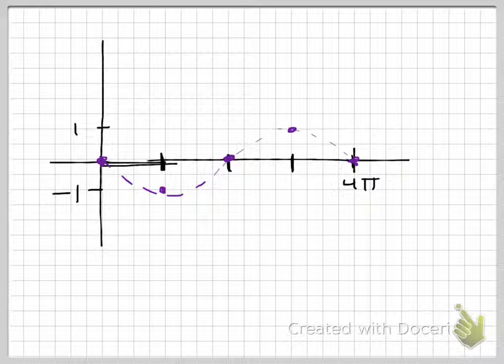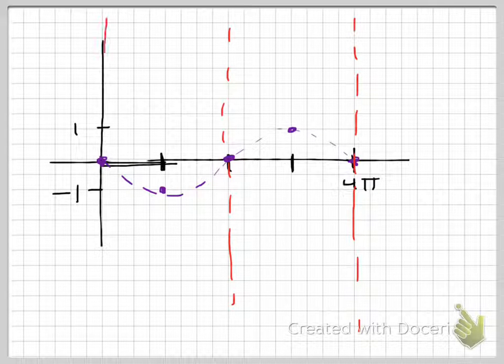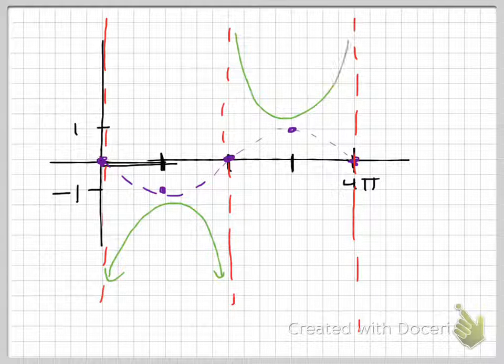And now we draw our asymptotes at our intercept. So we have an asymptote at pi, at 2 pi, and at 0. And then the last thing that we do, again, is we reflect our wave away from the x-axis. So this first piece is going to reflect downward, and this piece will reflect upward.